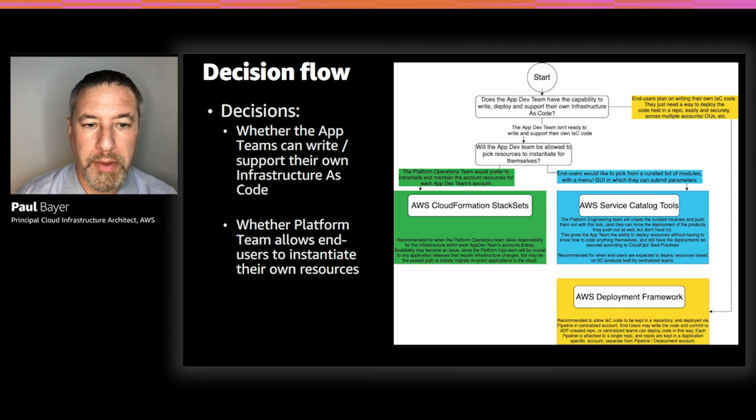They would be permissioned to only apply code to their own accounts, and their deployment framework would manage picking up the code that they had put probably into a CodeCommit repository and push that code into defined accounts and defined regions for them.